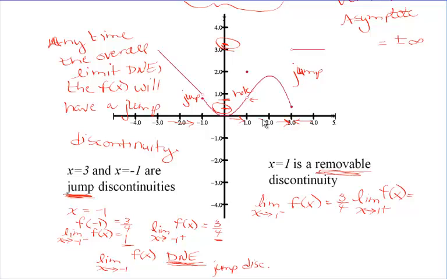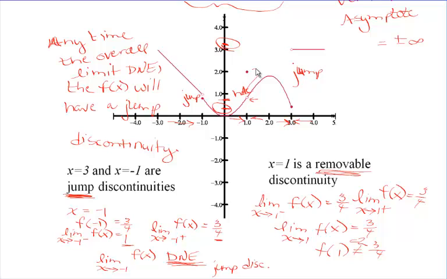And as we approach 1 from the right, our outputs are approaching that same value. So the overall limit exists as we approach 1. But we've already determined that we are discontinuous there because the output of the function at x equal 1 does not equal 3/4. We already determined that it equals 2.